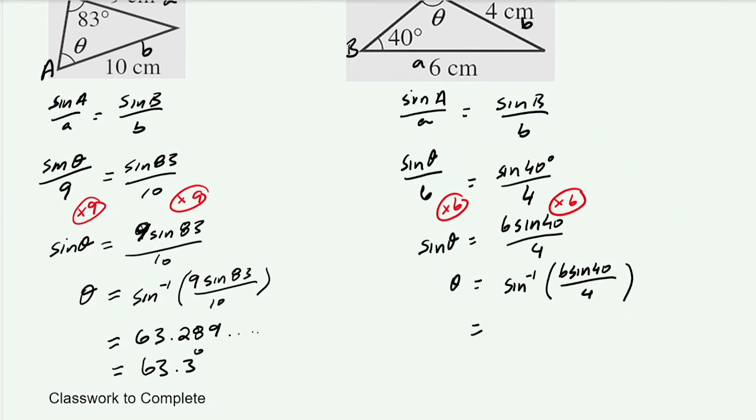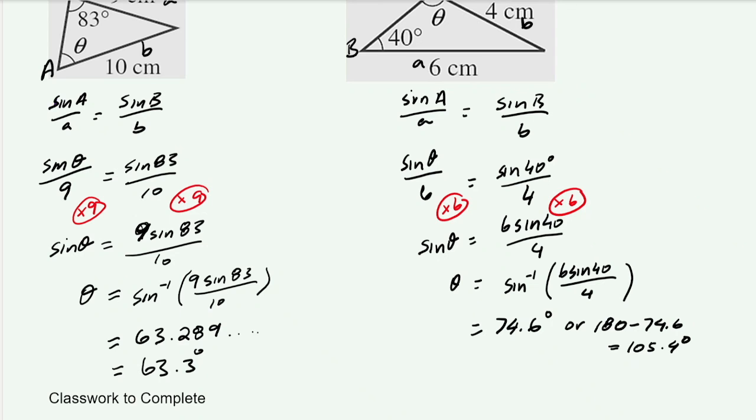So when we work this out, it should come out to 74.6 degrees. There will probably be a few more decimal places to that. But we want to find its supplement. So remember when we spoke about the ambiguous case and it being a supplement. So that means it's 180 minus 74.6, which is 105.4.